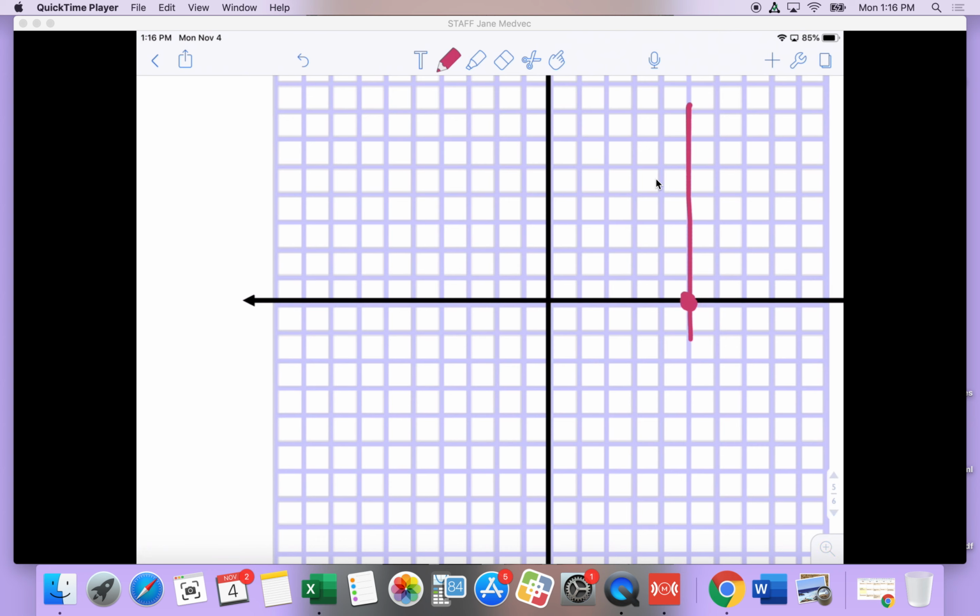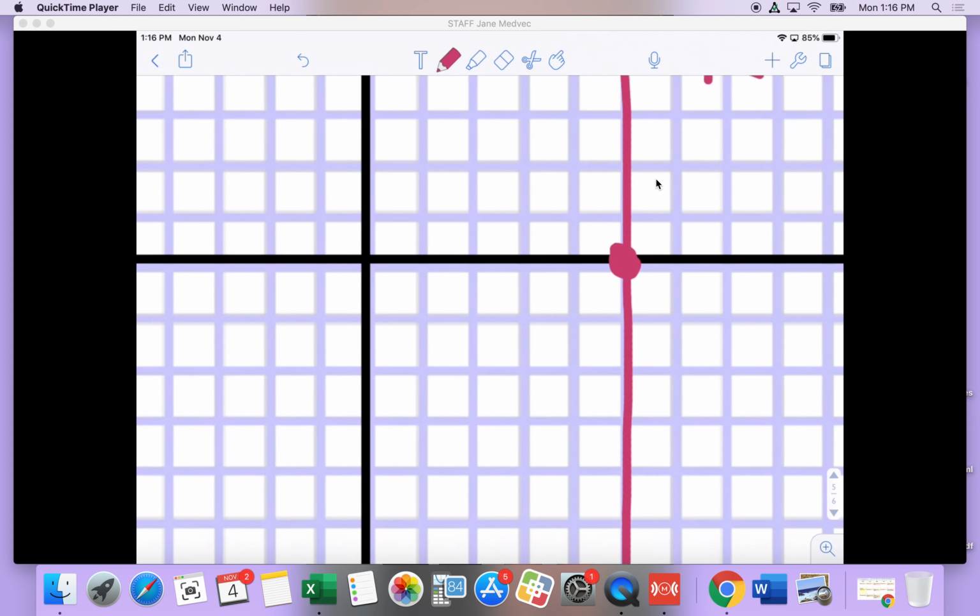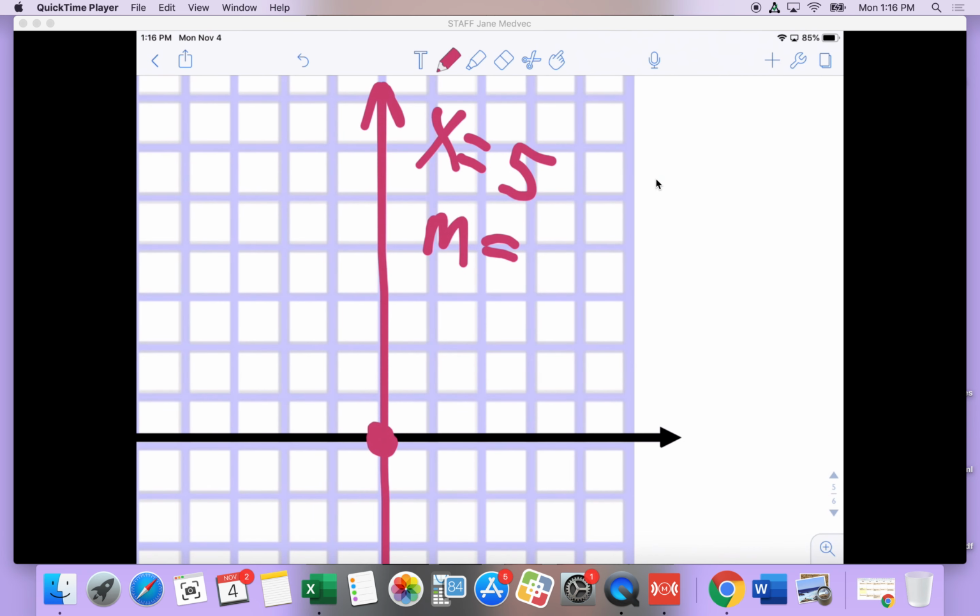So it's more like this. X equals 5. What's the slope of this line? Is it 0? It's not 0. It's a none, or we call it undefined. Yep, and this is a vertical line. These are all the things you're going to see on that ACT. Okay?